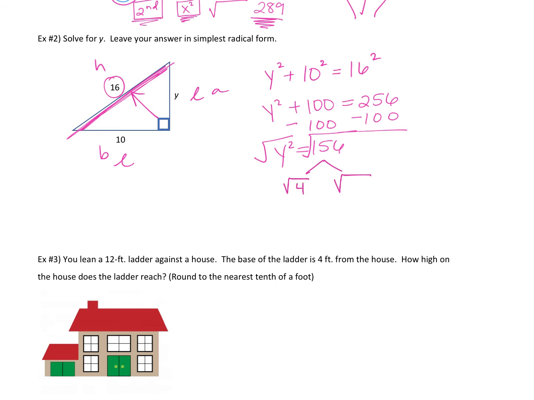So you go all the way down. So 156 divided by 4 is 39. So you get the square root of 4 times the square root of 39. And then simplify. Square root of 4 is 2. And the square root of 39 we can't do anything with. So that will be the value of y. Okay. And you can always go back and plug it in and just make sure that it does make a true equation. That's fine too.